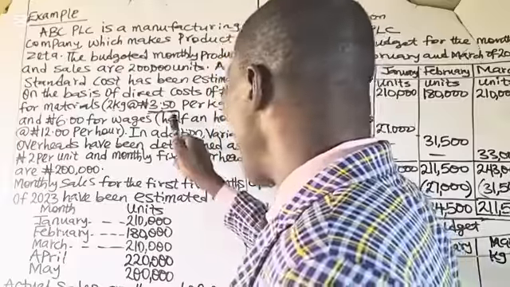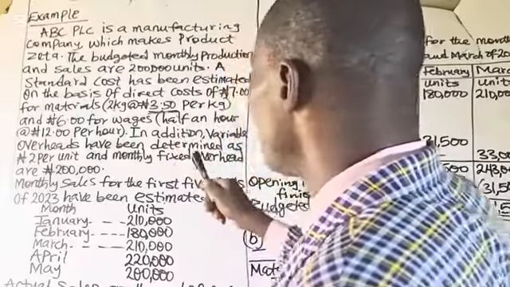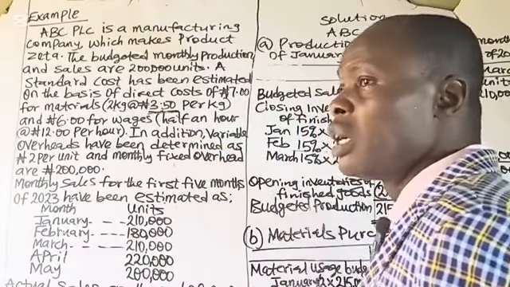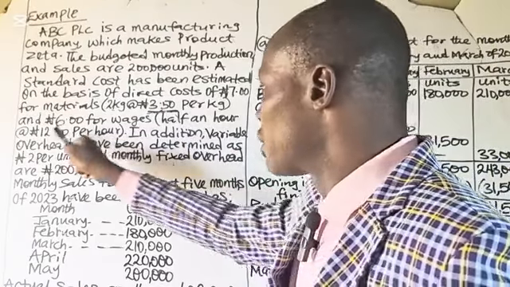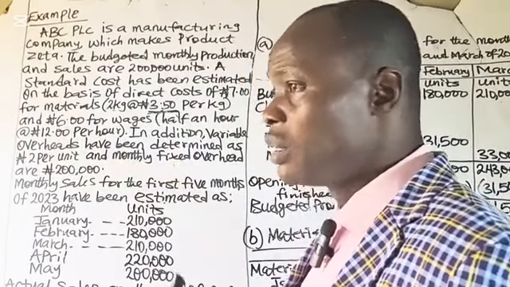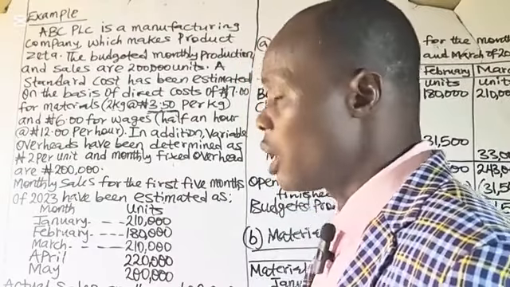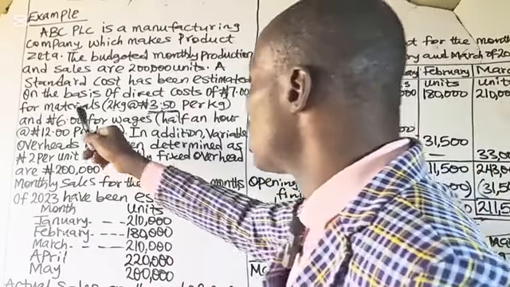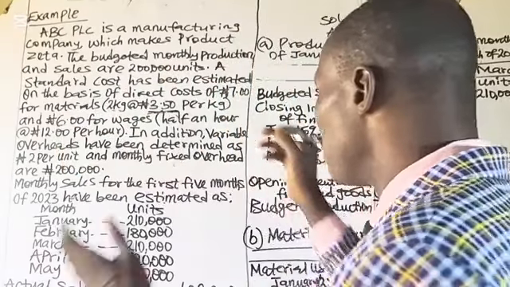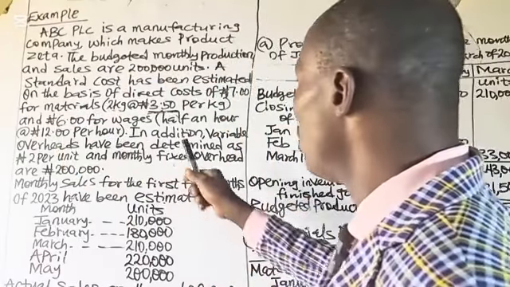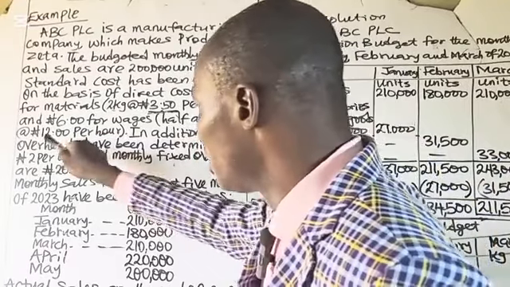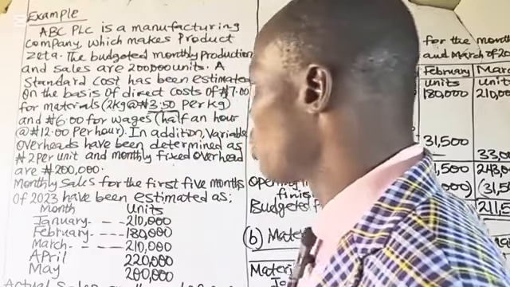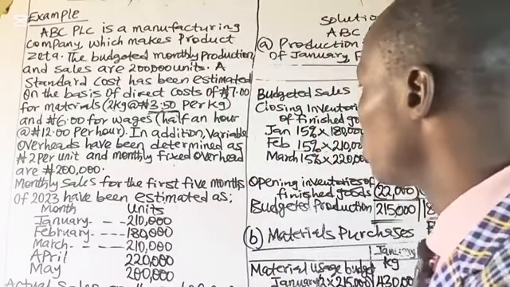Or if you multiply half an hour by the budgeted production, it will give you the budgeted hours. The budgeted hours you got, you now multiply by 12 naira. That will give you the direct wages incurred for the period. You either use 6 naira to multiply the budgeted production, or you multiply the budgeted production by 1/2, then the result obtained you multiply by 12 naira. So it will give you the same result.